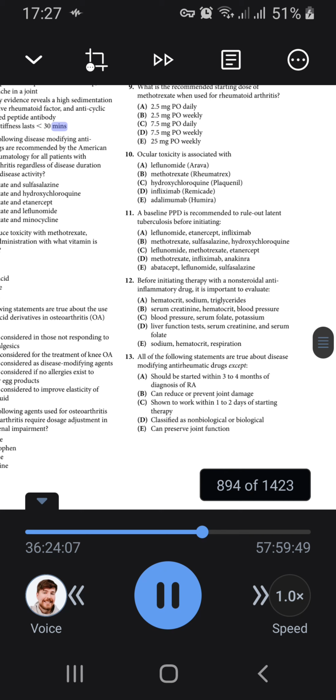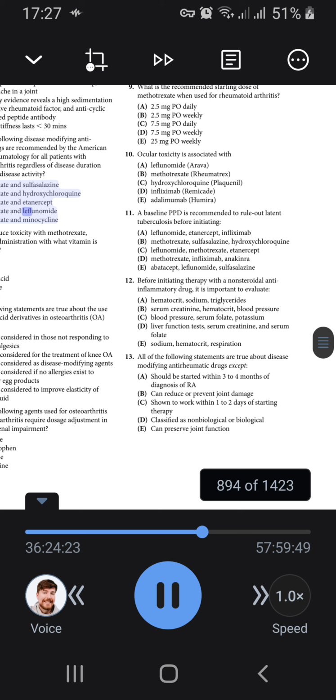4. Which of the following disease-modifying anti-rheumatic drugs are recommended by the American College of Rheumatology for all patients with rheumatoid arthritis, regardless of disease duration and degrees of disease activity? A. Methotrexate and sulfasalazine. B. Methotrexate and hydroxychloroquine. C. Methotrexate and etanercept.